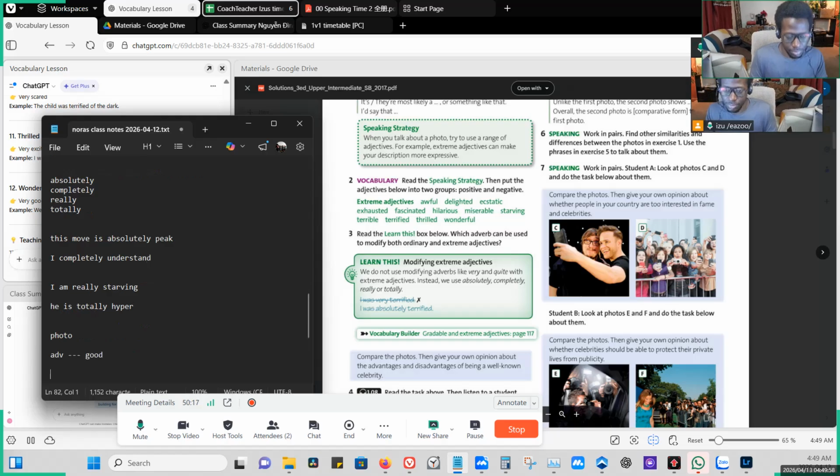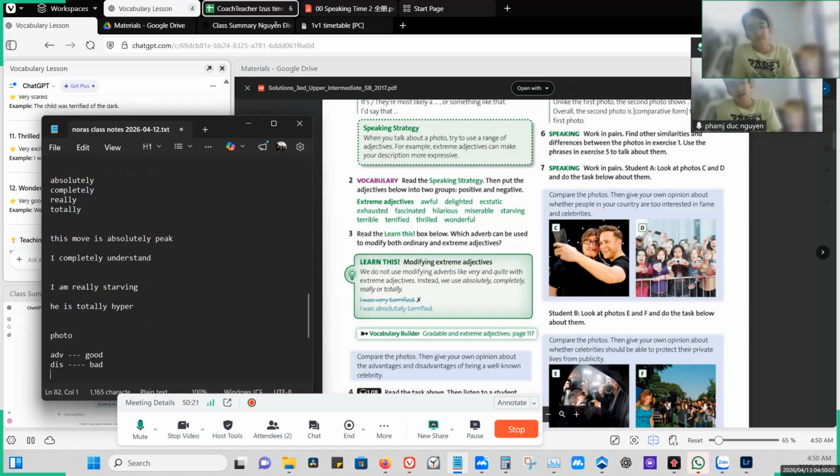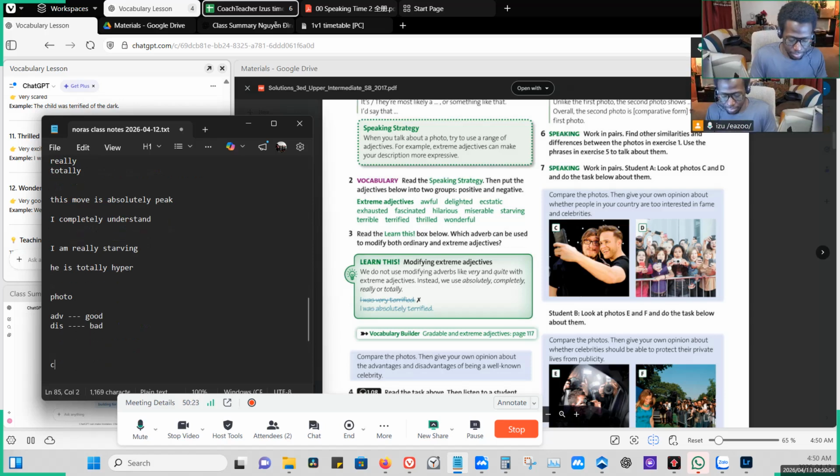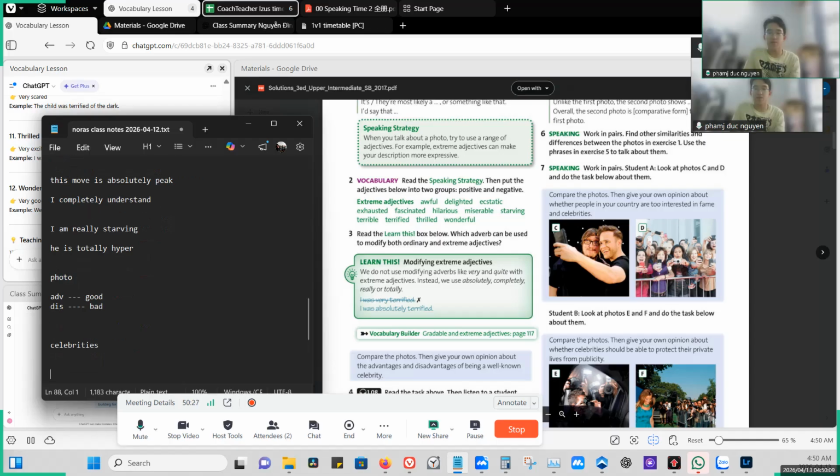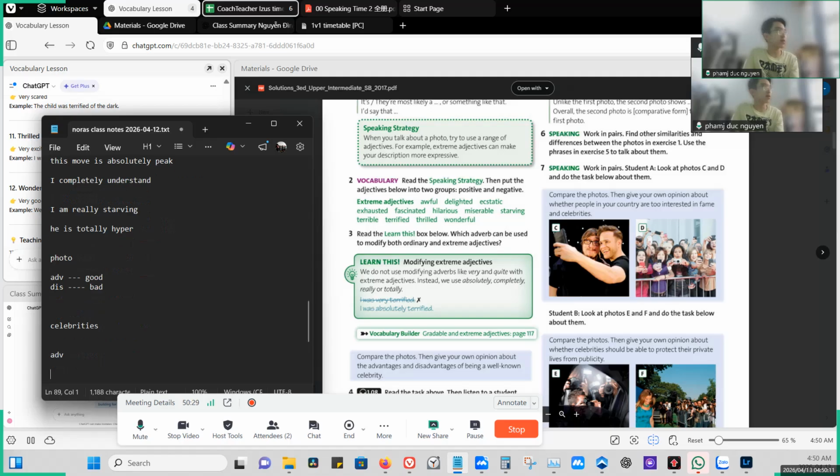Okay, advantage and disadvantage. Let me think. The advantages of popular celebrities is some of them are actors, or they can be a singer, because their voice is really good or their acting is so good, so they can be a celebrity.